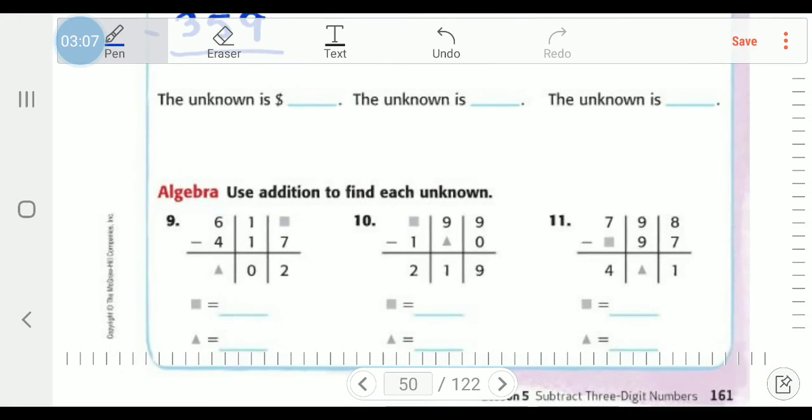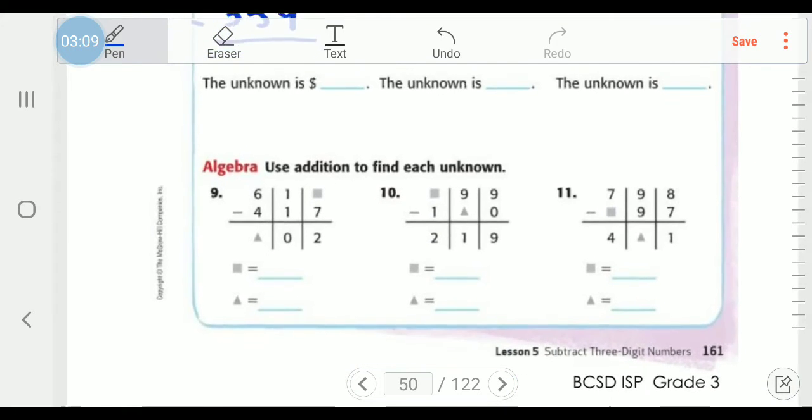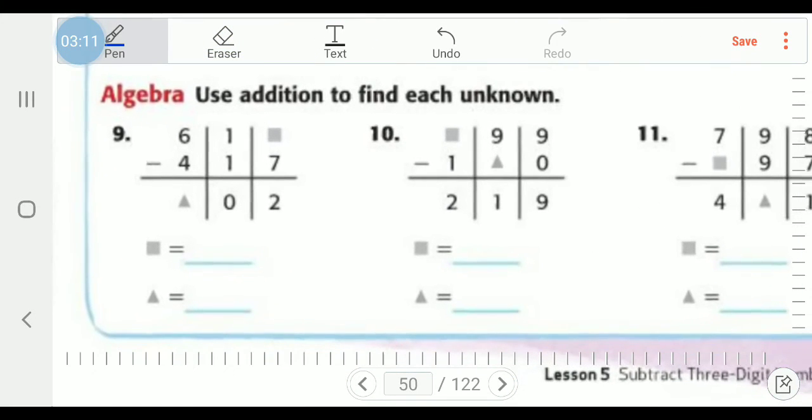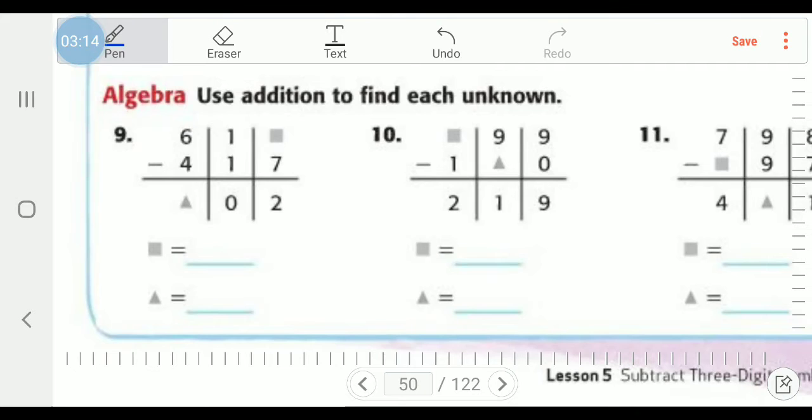It's the next section that gets to be a little bit tricky here. So I'm going to do number 9, and then we'll see how well you guys do on 10 and 11. Here's what I've got going on. It tells me to use addition to find each unknown. And I've got a little square here that is unknown, but I also have a little triangle here that is unknown.